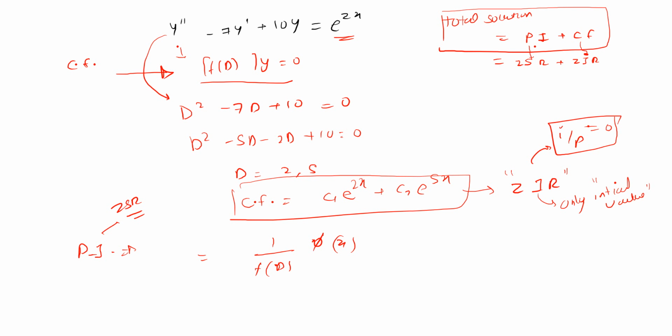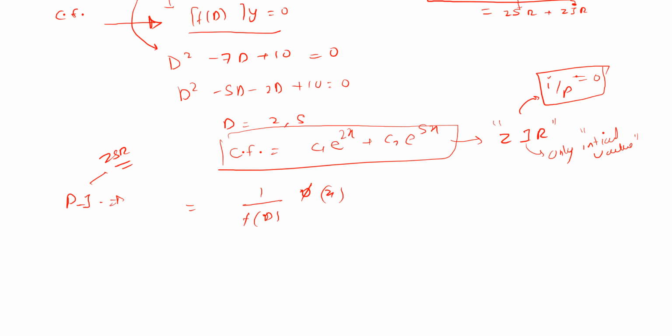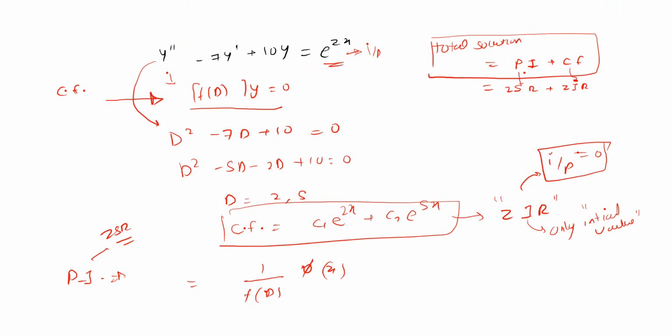It exists only because you have applied the input. So what is phi(x) here? It is e^(2x).